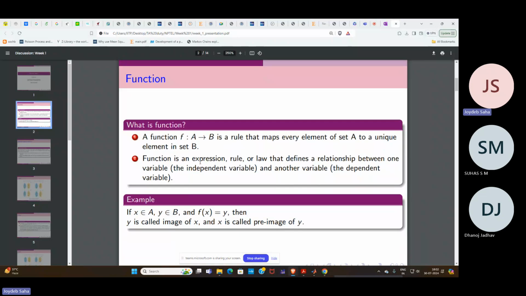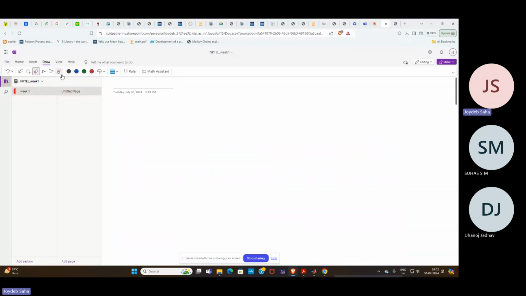Let us say f maps two sets A and B, and it will map every element of A to a unique element of B, right? Or we can say that a function is an expression, rule, or law that defines a relationship between one variable and another variable. Let us take some example.